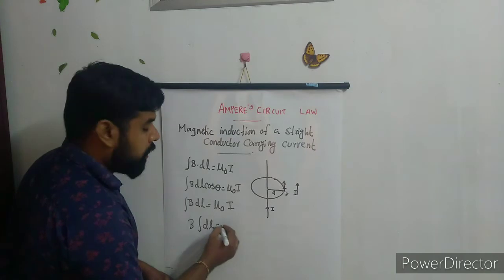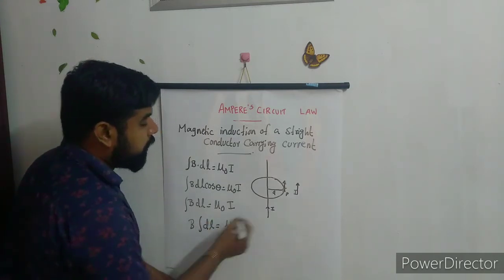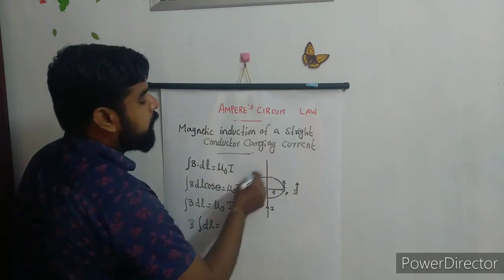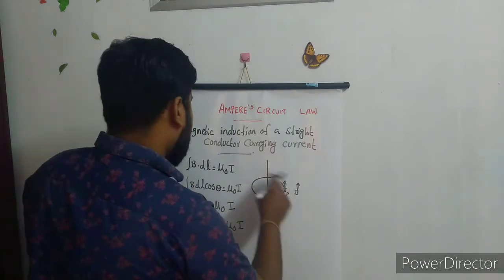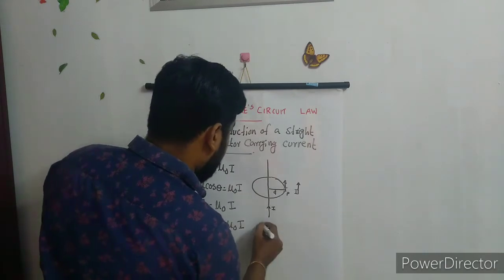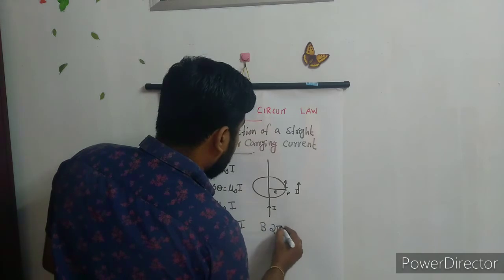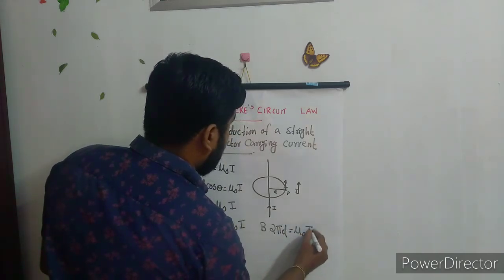The integral of dl becomes the circumference, so B times 2 pi d is equal to mu 0 I.